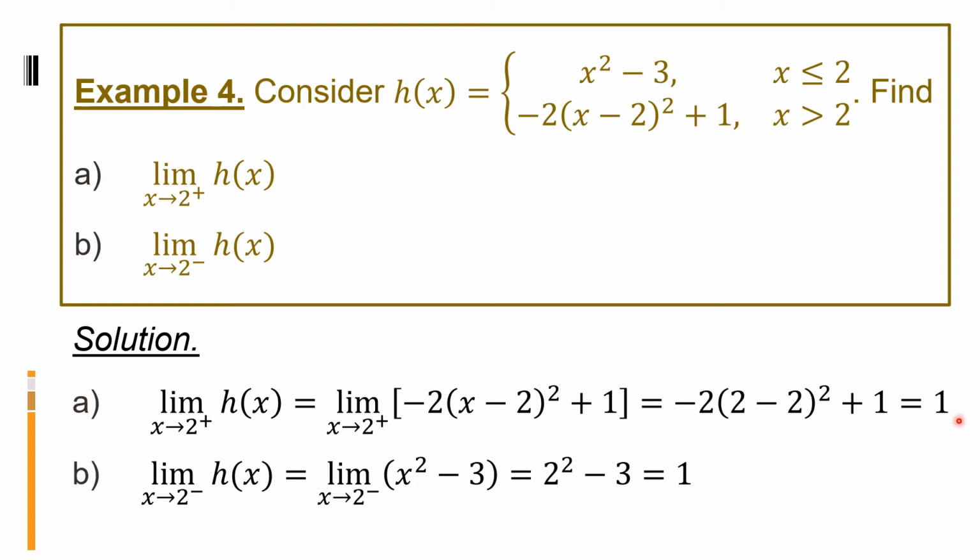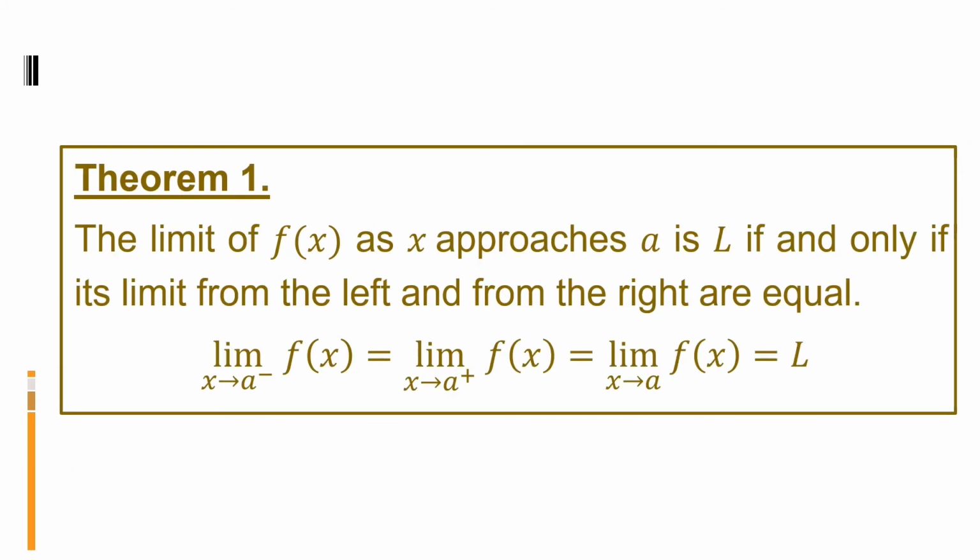So what does that mean? This leads us to our theorem number 1, which states that the limit of f of x as x approaches a is L if and only if its limit from the left and from the right are equal. So yung left-hand limit equals right-hand limit equals two-sided limit, which is equal to L.